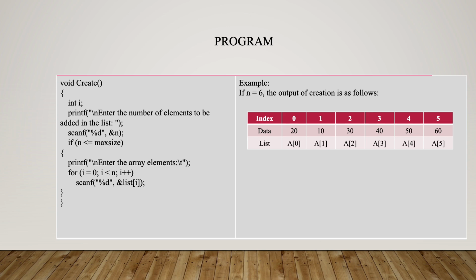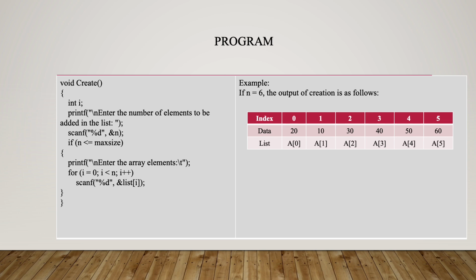Next, the program checks if n is less than or equal to the maximum size we have defined for an array. Hope you all remember that maximum size. This is to make sure we don't go beyond the array's capacity.